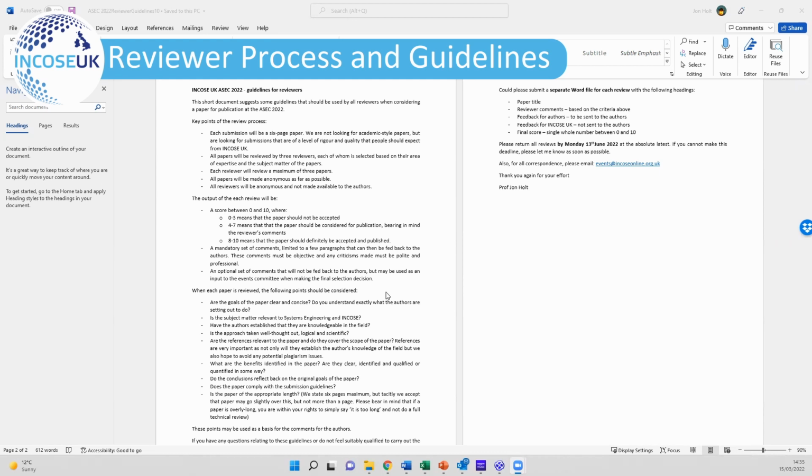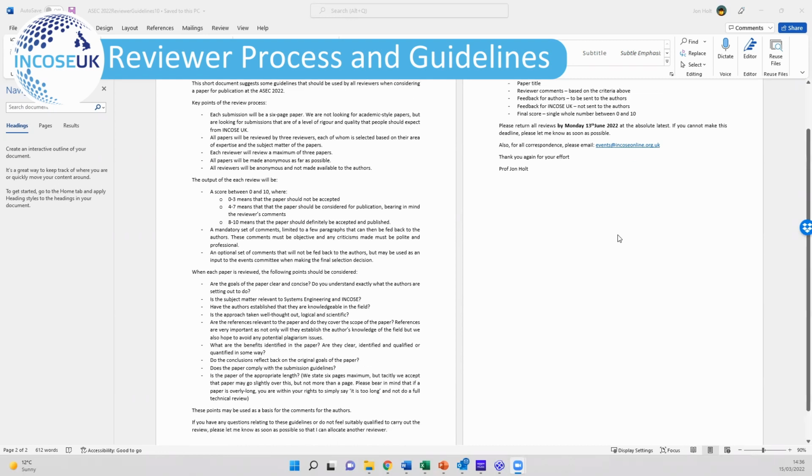It might seem that asking you to submit papers in the middle of May is a long way from November when the ASEC is, but you've got to bear in mind there's an awful lot of work that goes on with those papers before we get to the ASEC, and that's why we have the deadlines that we do. So that doesn't mean we don't offer extensions to people, but there has to be a good reason, and we have to bear that in mind when we make that decision.